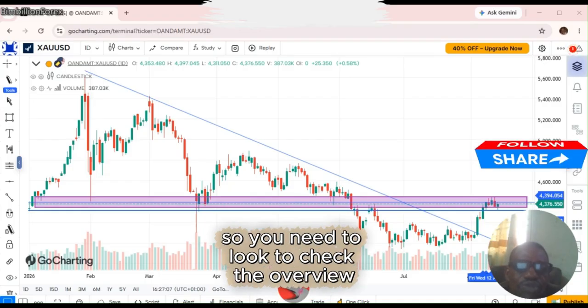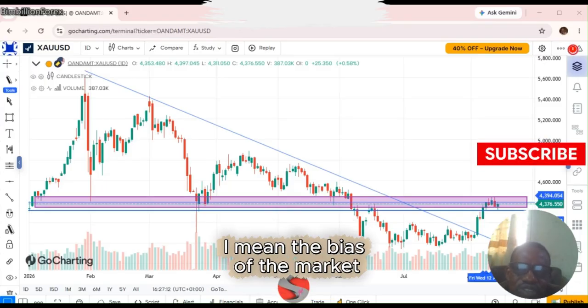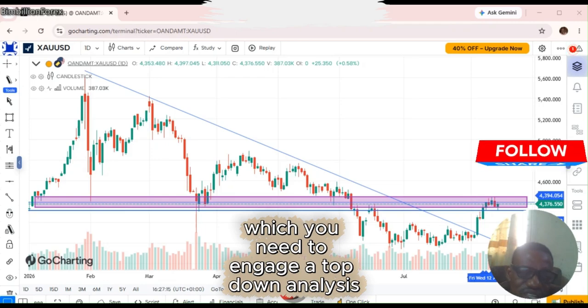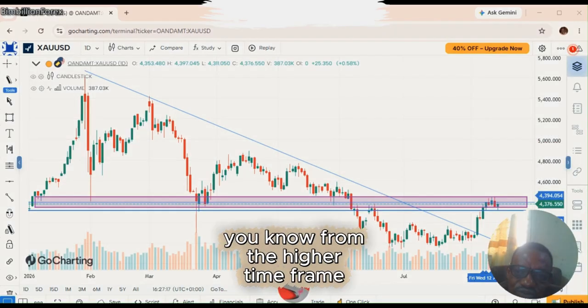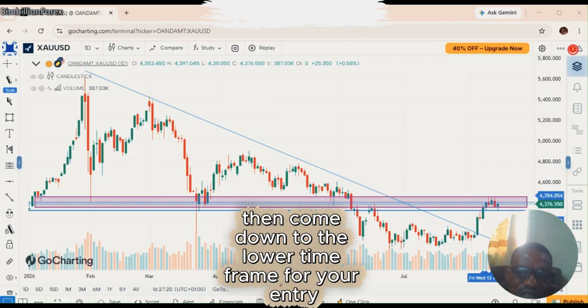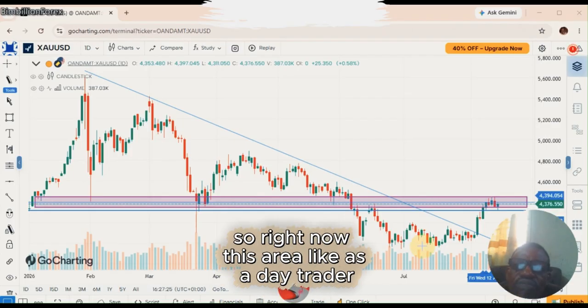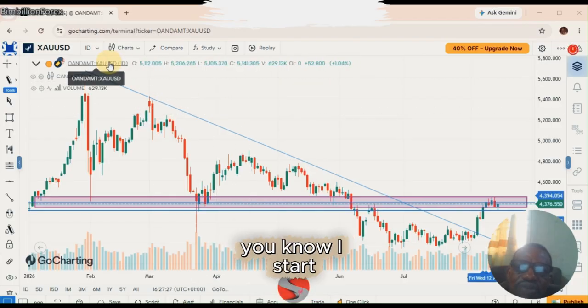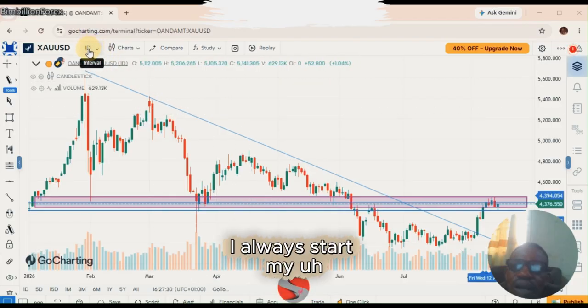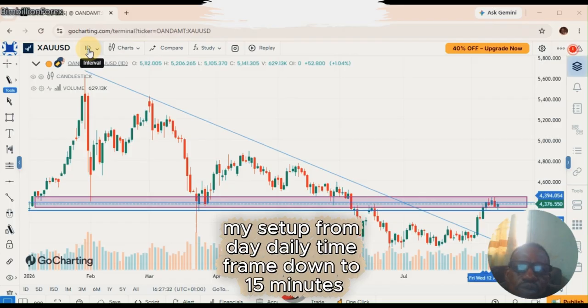So you need to check the overview, the bias of the market, and engage top-down analysis, from the higher time frame, then come down to the lower time frame for your entry. As a day trader, I always start my setup from the daily time frame down to 15 minutes.